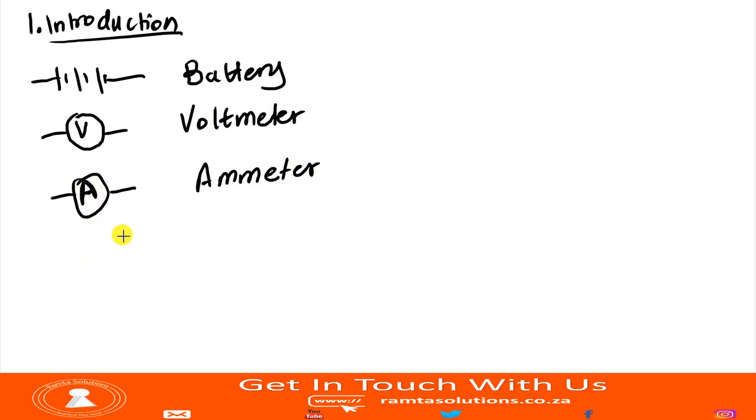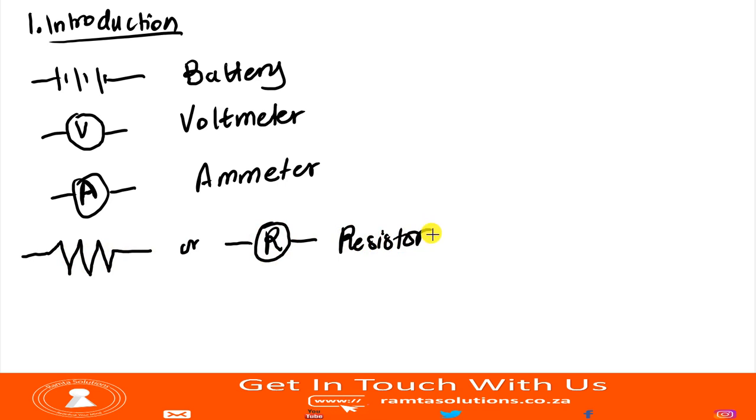You also learned about this here, or sometimes we had it in this way, where we had letter R in a circle. This represented a resistor, right?